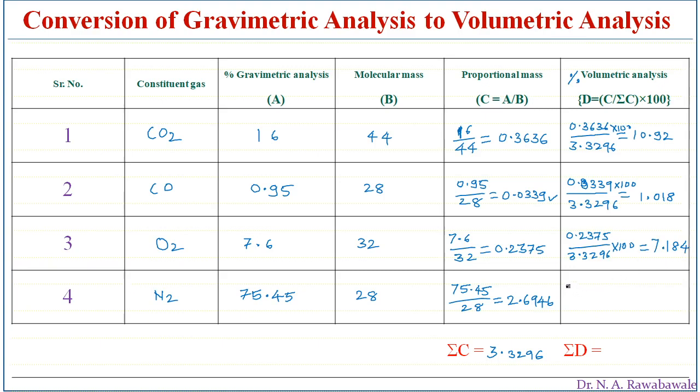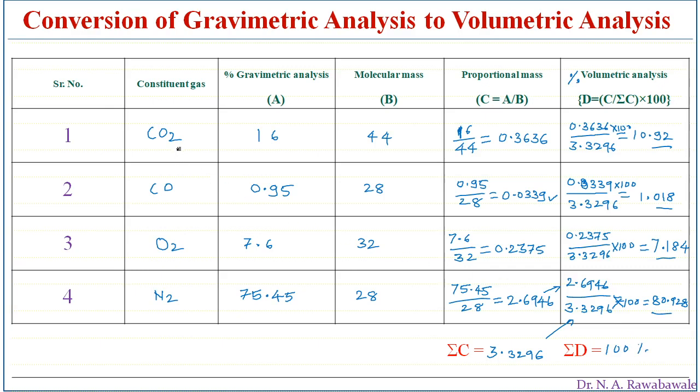Again, the percentage of nitrogen, 2.6946 divided by 3.3296, with the C value in the numerator and the summation of C in the denominator, into 100, which works out to be 80.928. So if we add 10.92%, 1.018%, 7.18%, and 80.92%, this works out to 100%.